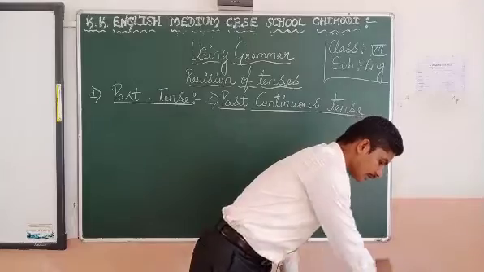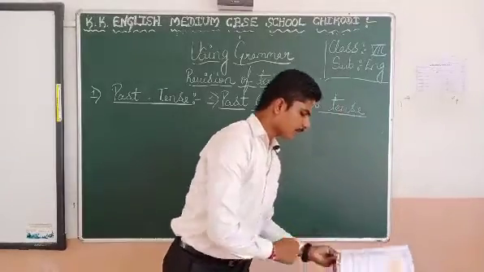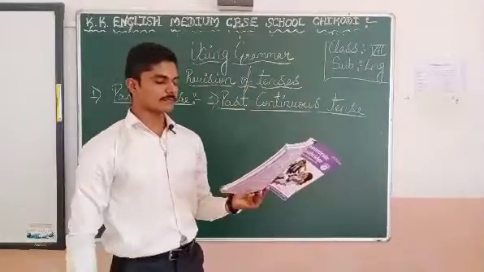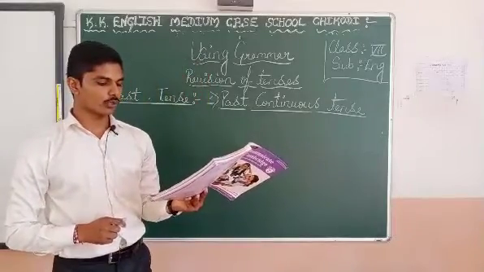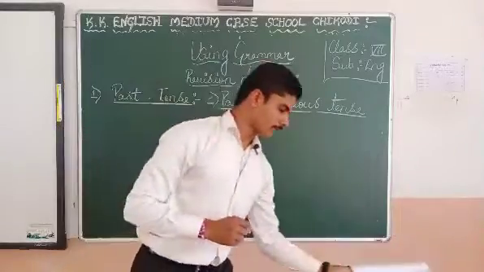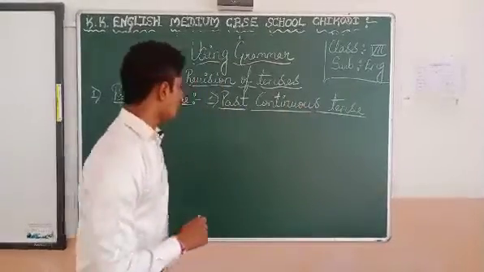See in your book, it is mentioned in the table. See, past continuous tense expresses a continuous or ongoing action that was happening at a particular time. Okay. Expresses a continuous or ongoing action.